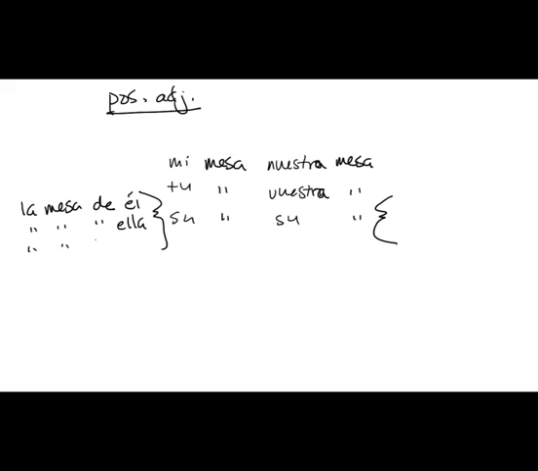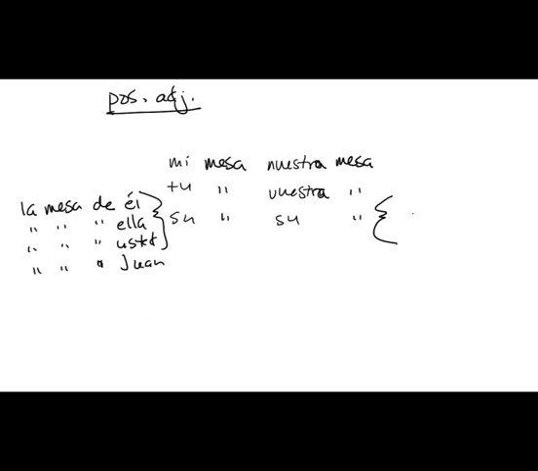La mesa de usted. Or if it's a proper name, la mesa de Juan. Okay? The only way to say Juan's table in Spanish is la mesa de Juan. There is no apostrophe s for possession in Spanish. Okay? So we must render it by inverting it and saying the table of Juan or of John.